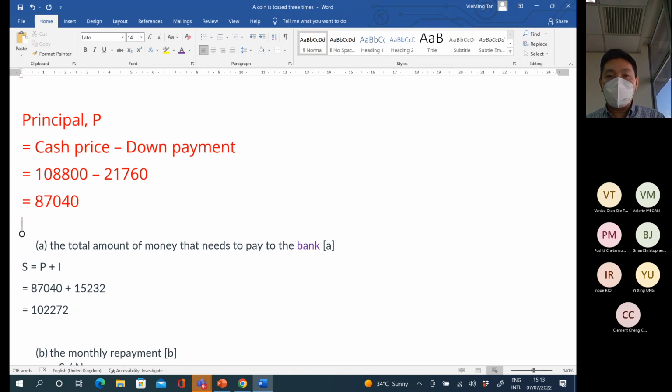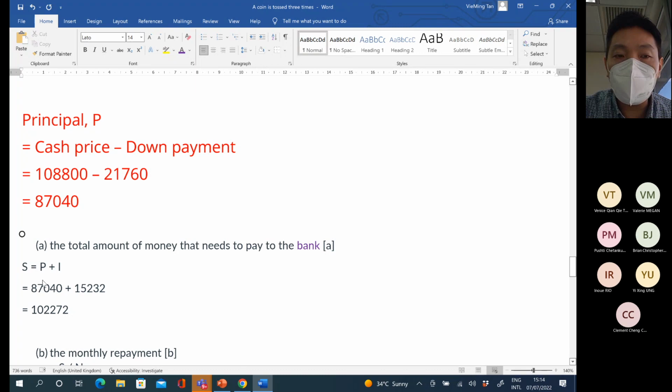This refers to the S, because it's to the bank only. It's not to the Honda company. So it's calculating the S value, not the hire purchase price. The hire purchase price is for the Honda company, but this one is to the bank only.